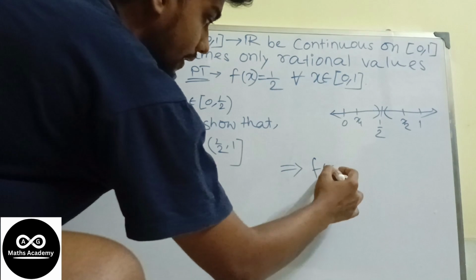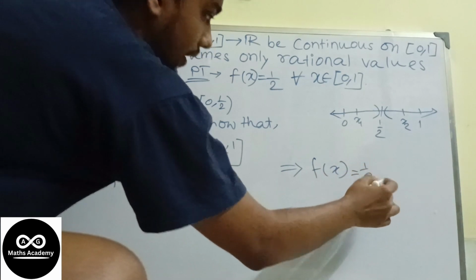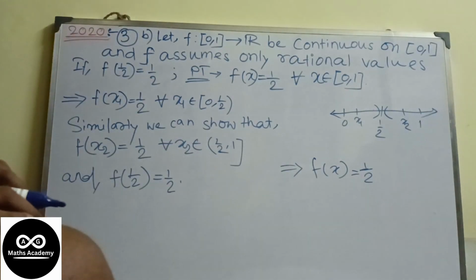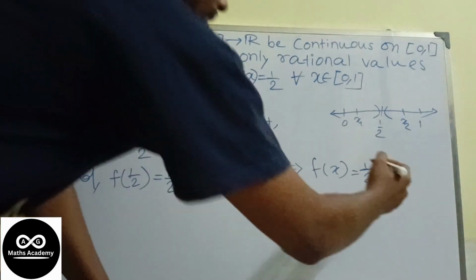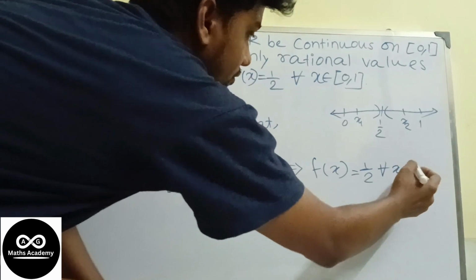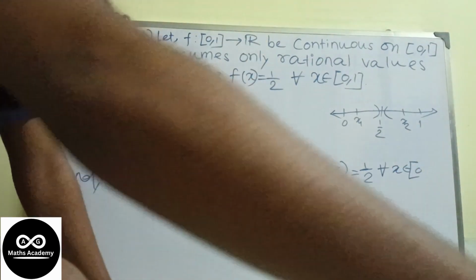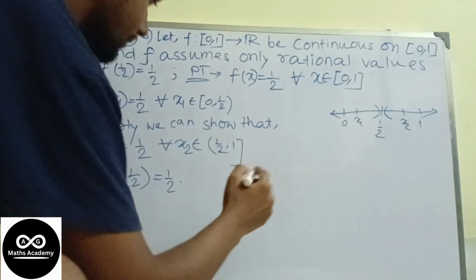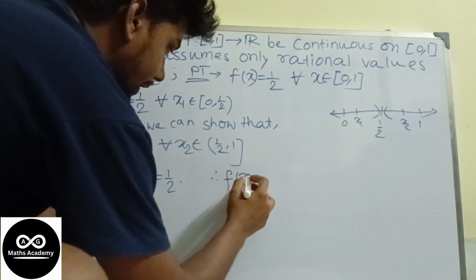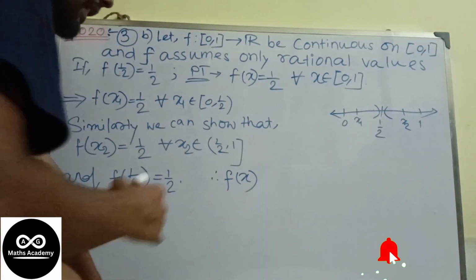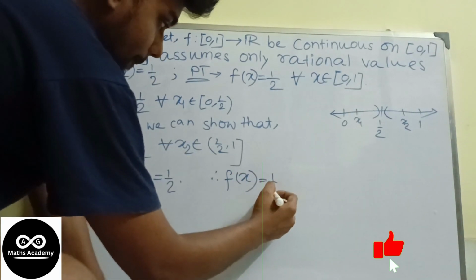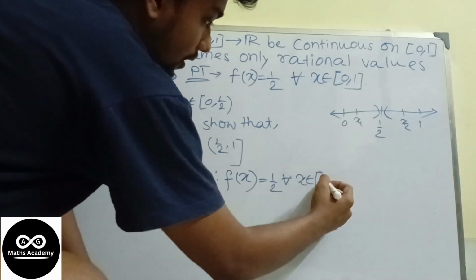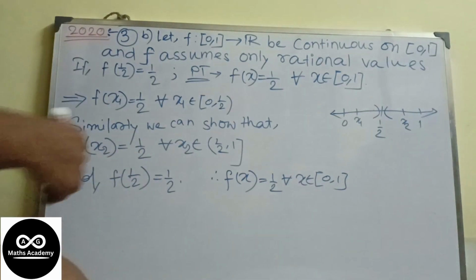So f of x is half for all x. Therefore, f of x is equal to half for all x belonging to 0 to 1. Proved.